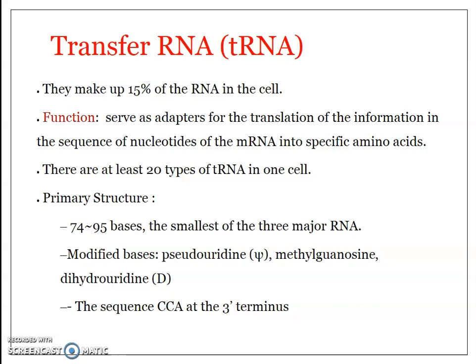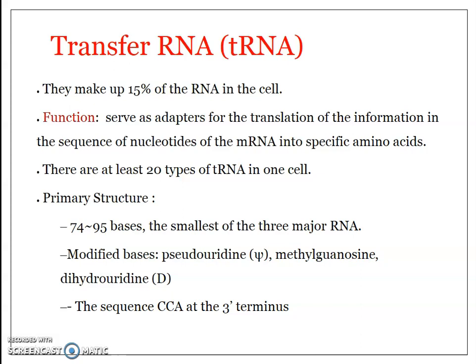Okay, so tRNAs include the smallest of all the nucleic acids, right? It contains about 74 to 95 bases. They are the smallest among the three major RNAs, and obviously DNA is the largest.